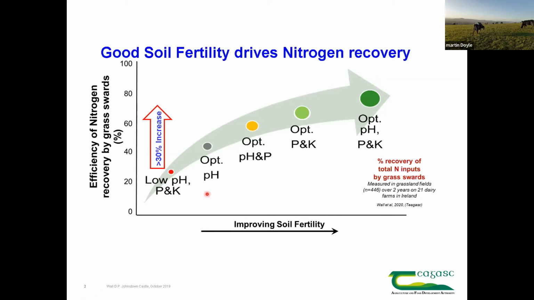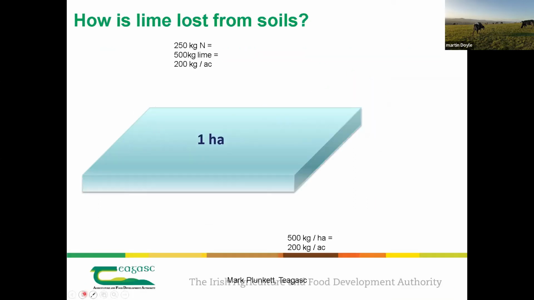And if we improve our different elements of soil fertility, our pH and phosphorus, our P's and K's, and we reach an optimum pH, P and K, our return on nutrient use efficiency is an average of 65%. So by improving soil fertility, we're looking to increase our nutrient use by approximately 30%. So the first element we're going to look at then is our optimum pH.